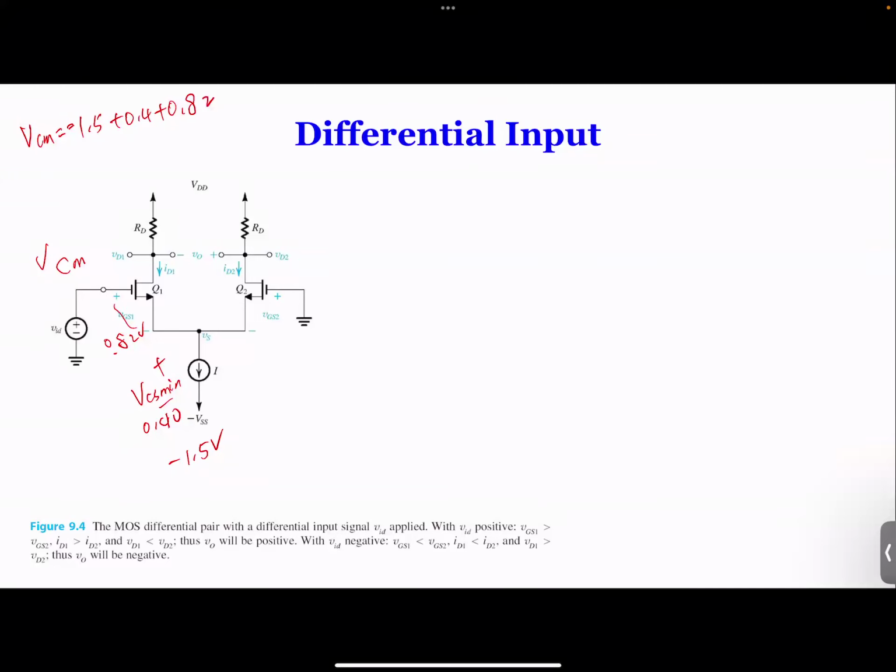It's just going to be minus 0.28 volts. So that's the VCM minimum.